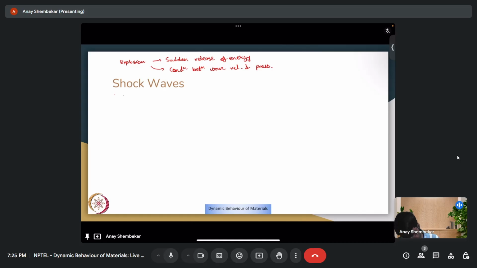So if I want to differentiate between sound waves and shock waves, sound waves are usually small amplitude compression waves, whereas shock waves are finite amplitude waves.